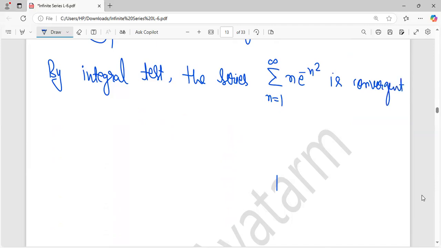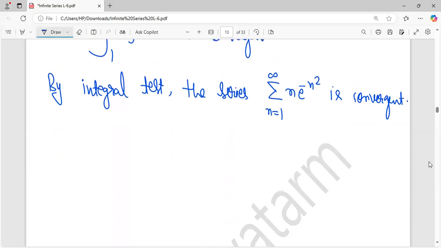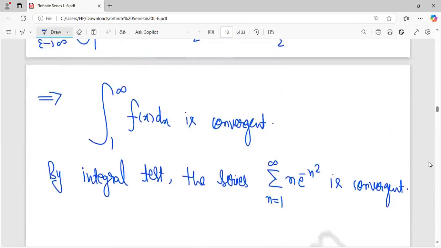Okay, so this is done by the integral test.